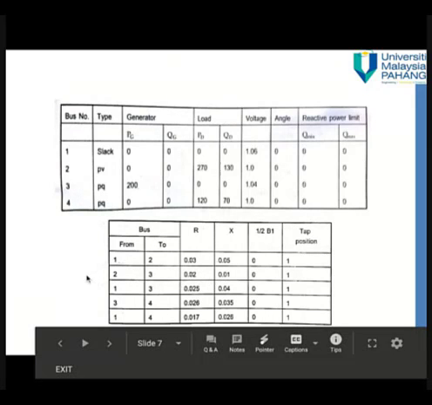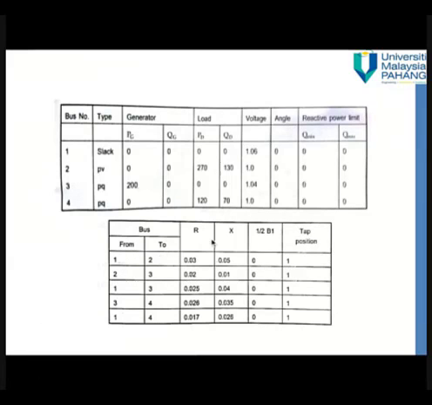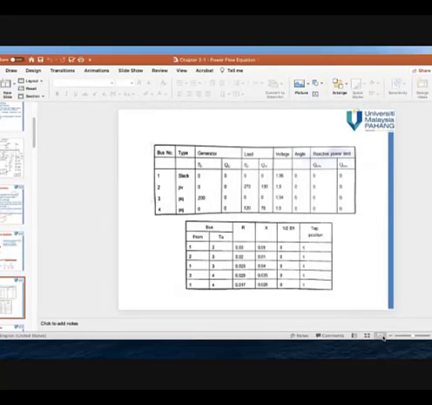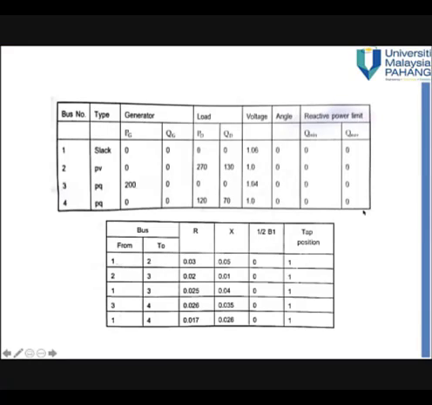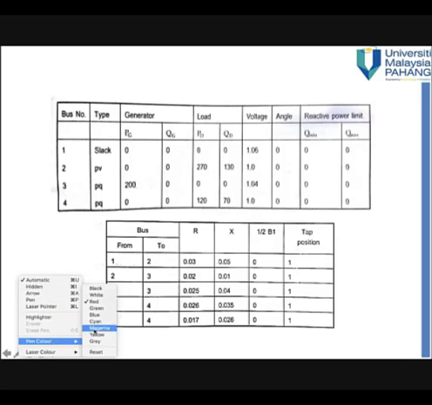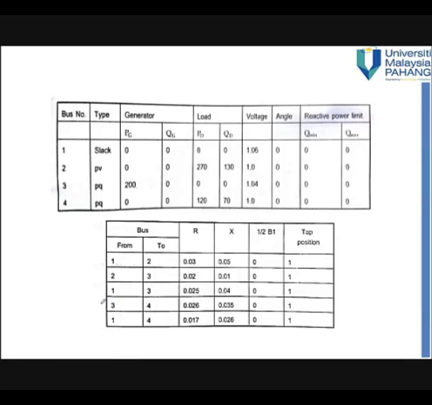And then we have the transmission characteristics or transmission properties. From bus 1 to bus 2, the R is 0.03, the X is 0.05. If you remember your transmission line, you have learned about the transmission line parameters, right?